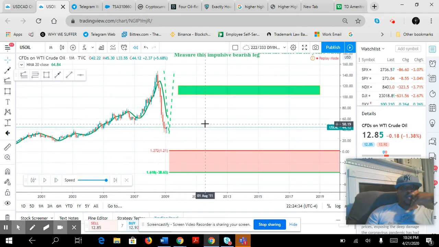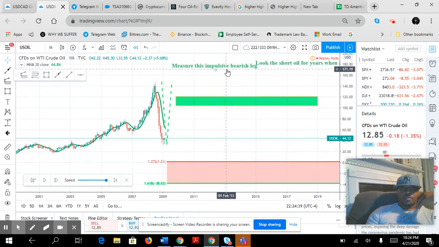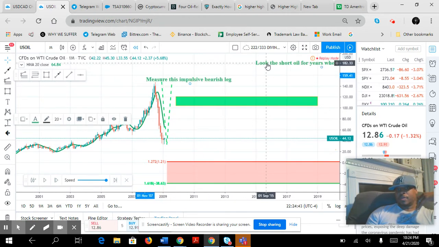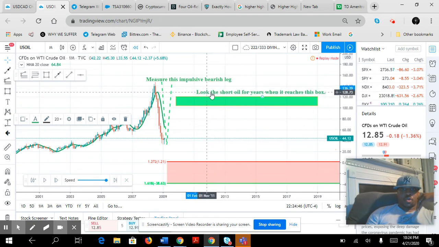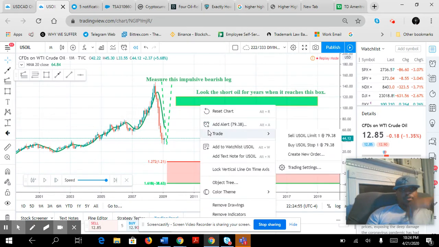So I'm going to write this down right here. You measure that impulsive bearish move, and then we're going to look to short oil for years when it reaches this box.